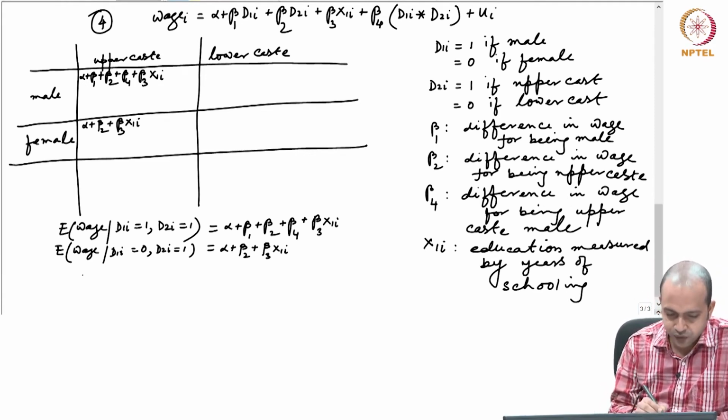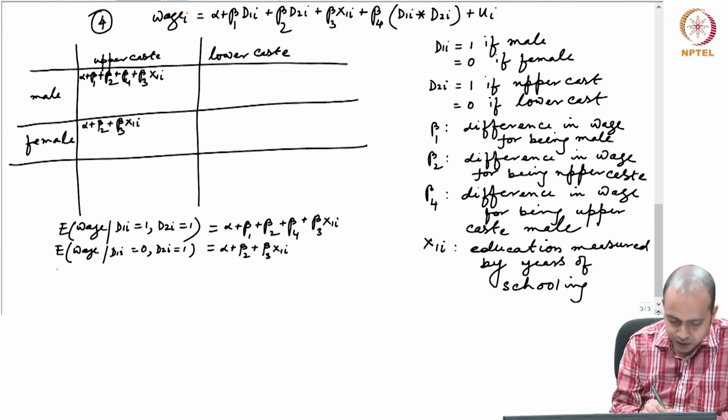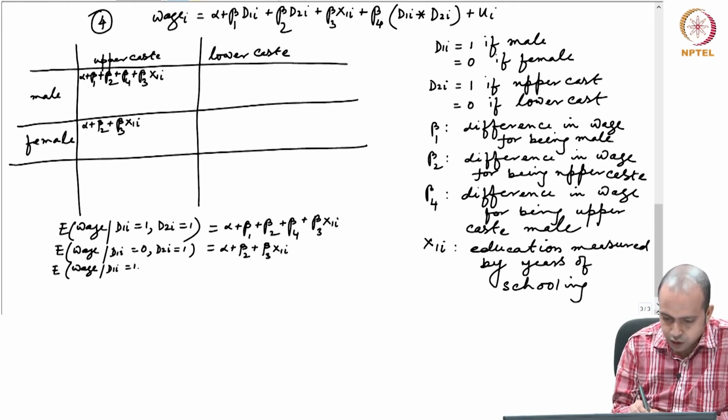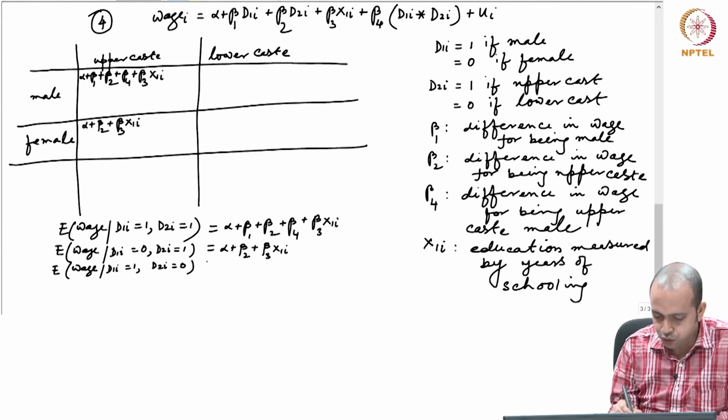Then for the male and lower caste, what will happen? Expectation of wage given D1i equals 1 because it is still male, but D2i equals 0 because I am considering lower caste.